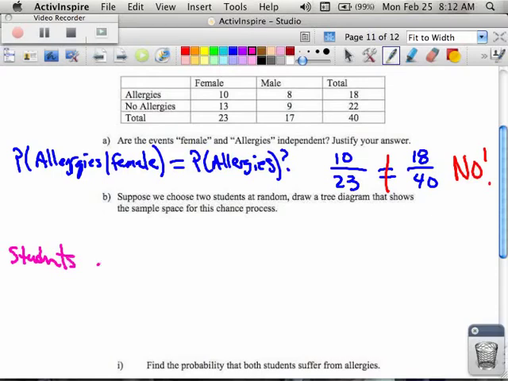Male or female? So we got the allergies, and the allergies were the 18 out of the 40. And the non-allergies were the 22 out of 40.